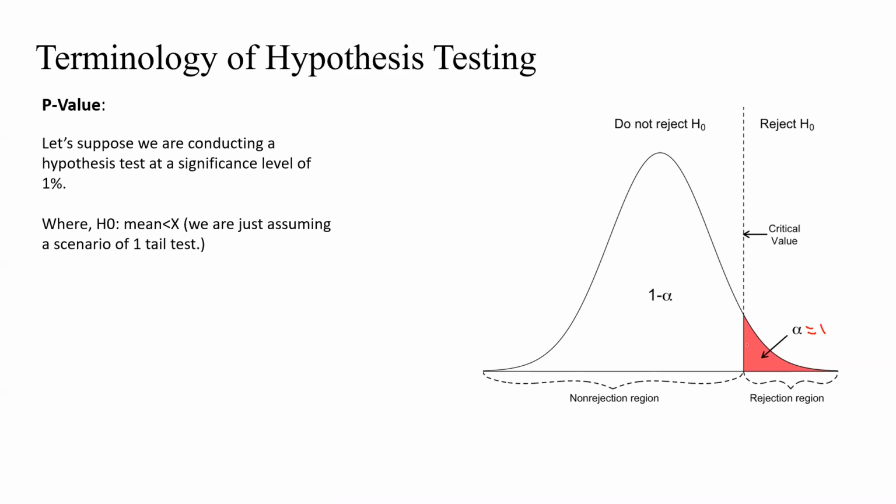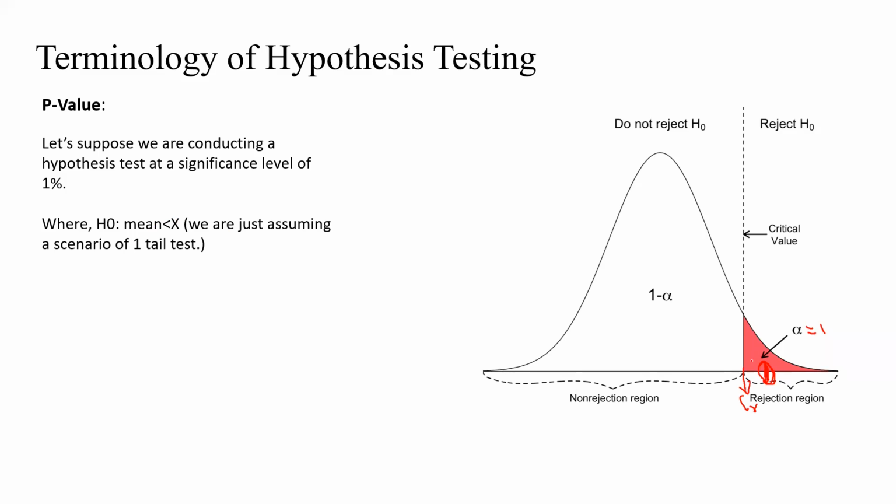If my sample statistic value falls here, and on this x-axis it has crossed my critical value, then obviously I can reject my null hypothesis.